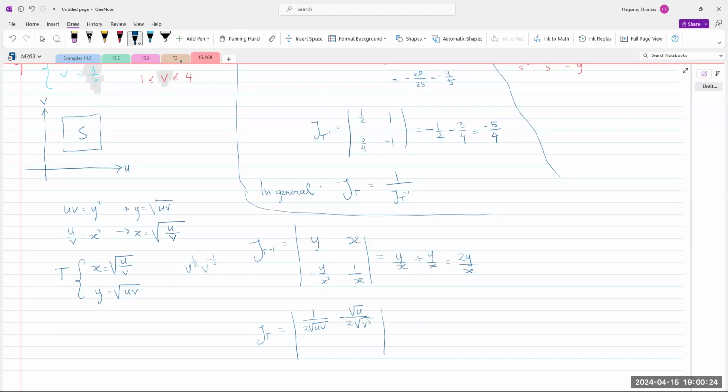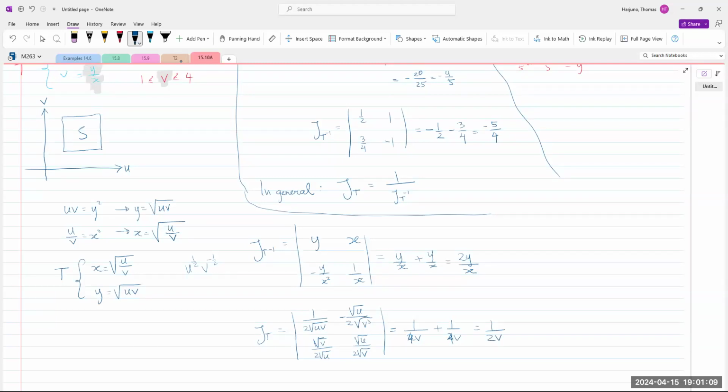Now the y derivatives will be 1 over 2 square root of v, and square root of u over 2 square root of v. When I compute, I will get 1 over 2v plus 1 over 2v. I'm sorry, 1 over 4v plus 1 over 4v, so this is 1 over 2v.